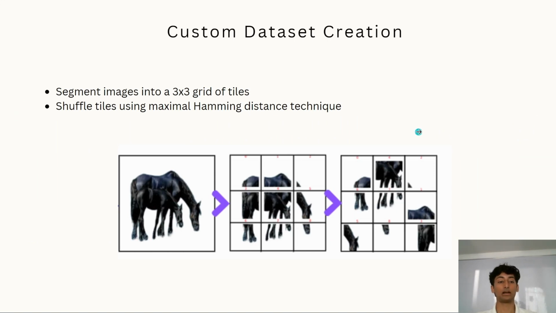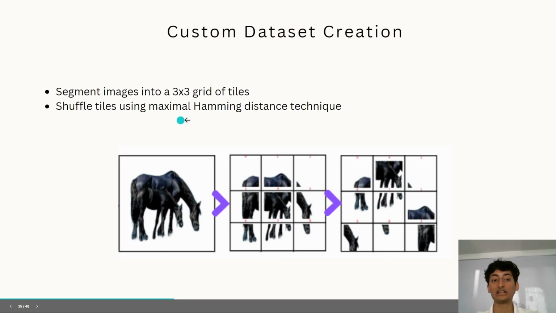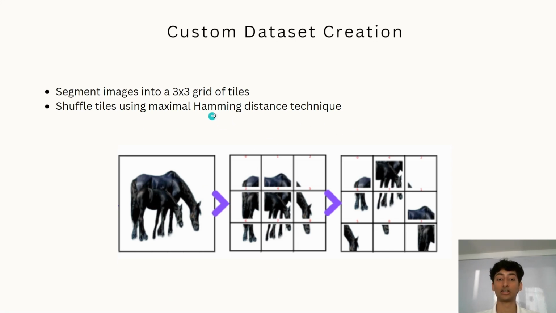Let's say you have to segment images into a 3x3 grid of tiles to convert an image into a jigsaw puzzle at first. Then you can shuffle the tiles using maximal Hamming distance. This was the Hamming distance I was trying to mention in the auxiliary GAN paper, where they try to see that every piece isn't in its correct location and is maximally distanced from the original location.